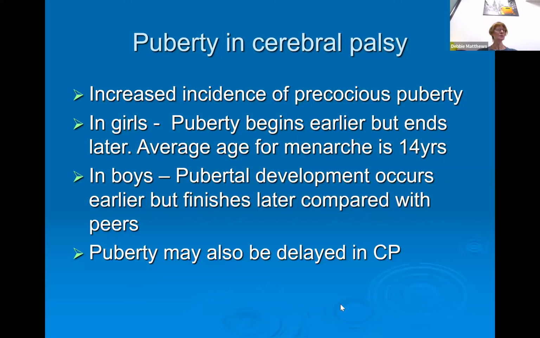So that full pubertal progress, which already lasts for a number of years, lasts even longer. So in girls, they may start puberty at the age of 8 or 9, but the average age for menarche is 14. And finally, puberty may also be delayed, so just not really occur until after 13 years in a girl and 14 years in a boy.